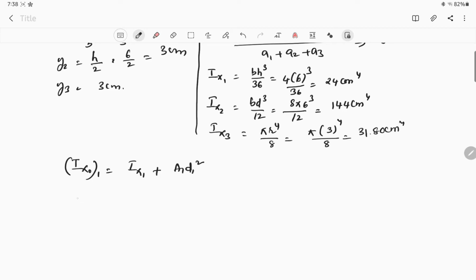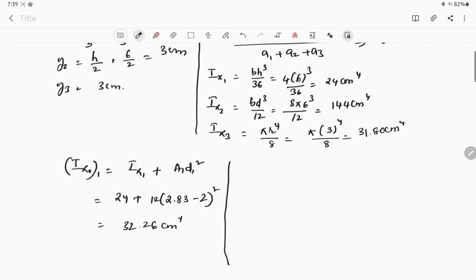Ix0 of first element is equal to Ix1, which is 24 we got, plus 12 into 2.83 minus 2 whole square, which is equal to how much? 32.26 centimeter power 4. Ix0 of first element we got.